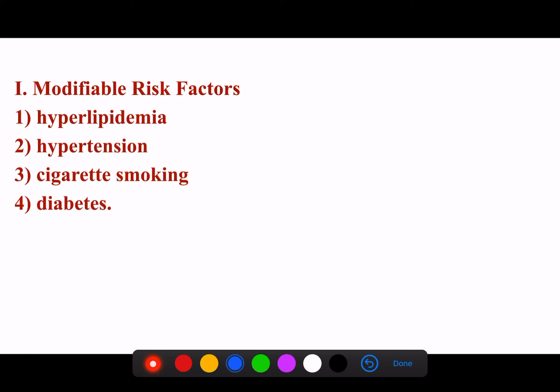The additional factors, not strictly modifiable or non-modifiable, include increased C-reactive protein, increased inflammation, decreased physical activity, and stress, lifestyle stress. Also, people with type A personality suffer more than other personality types. Obesity, and at last, alcohol consumption.